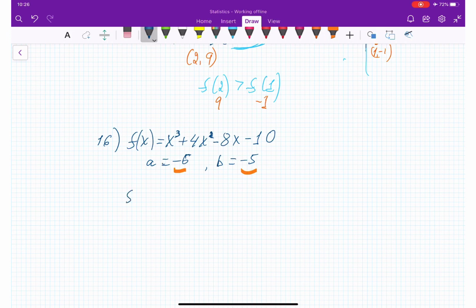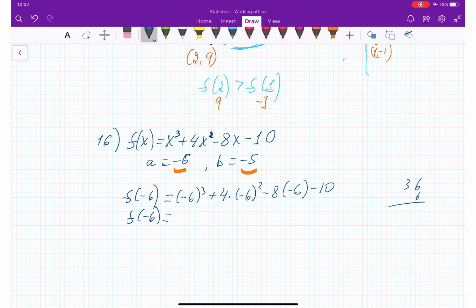So f of negative 6 is equal to negative 6 cubed plus 4 times negative 6 squared minus 8 times negative 6 minus 10. Negative 6 squared is 36, and 36 times 6 is 216, so negative 216.